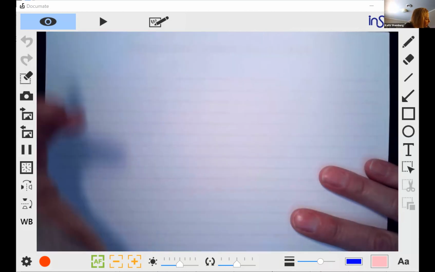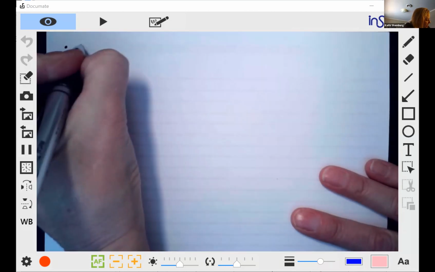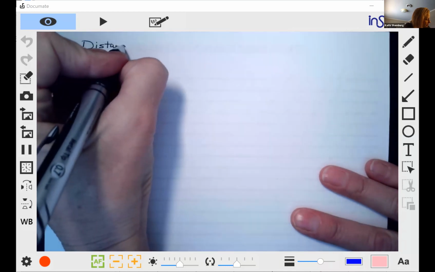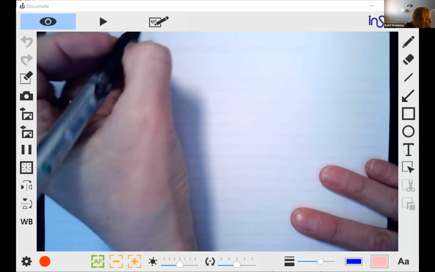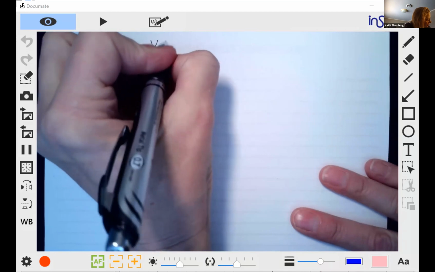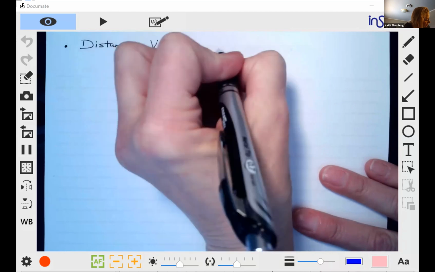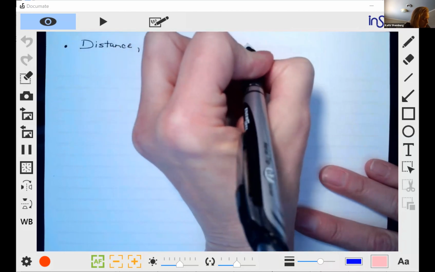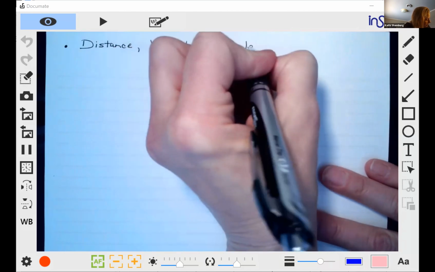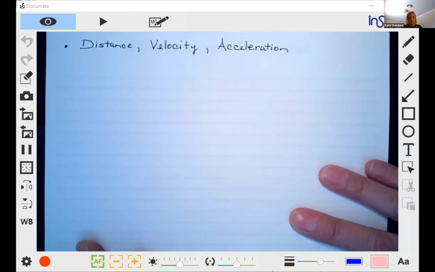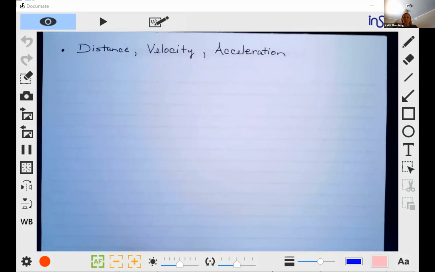So what I want to talk about now is distance, velocity, and acceleration. This is where this is used in real life situations.